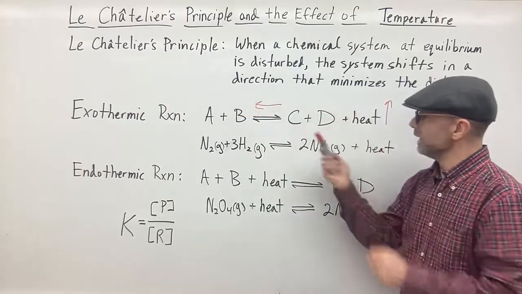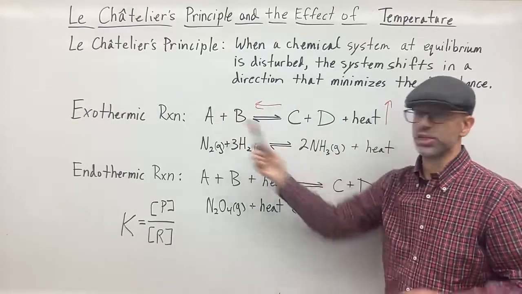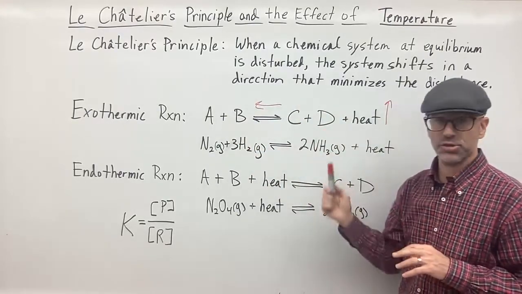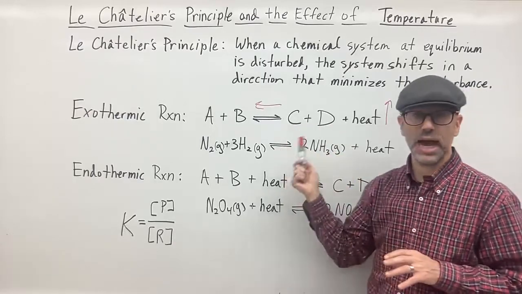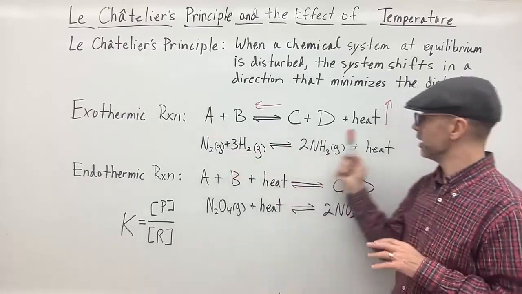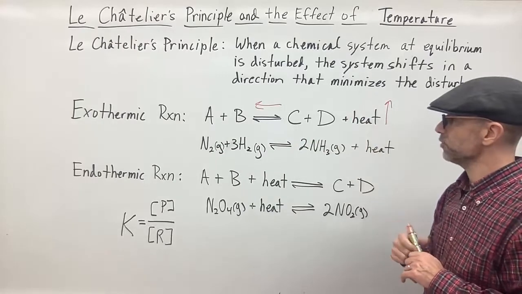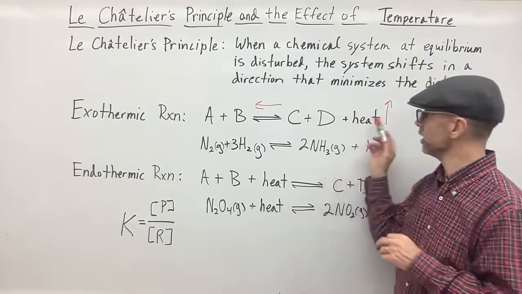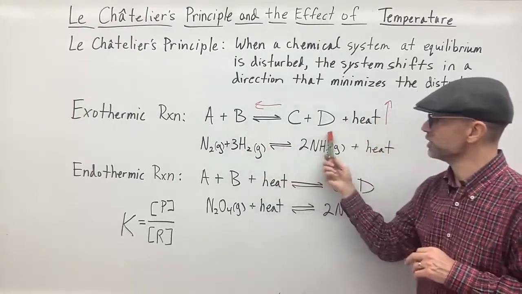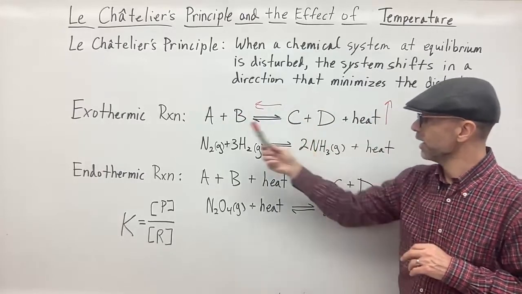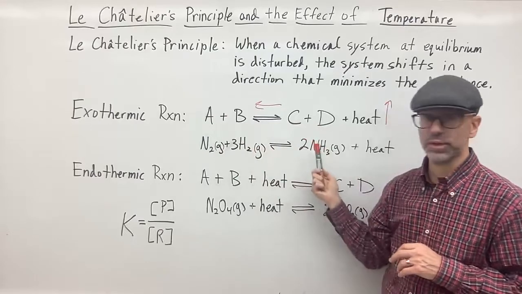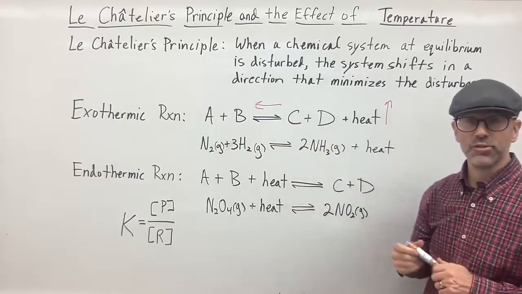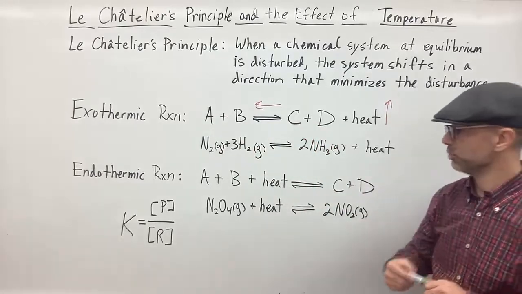Well, if we didn't do anything to the initial concentrations here, these concentrations are now going to change because of the heat. So once the system reaches equilibrium again, the concentrations are going to be different from what they were before. And so now we've changed the equilibrium constant.